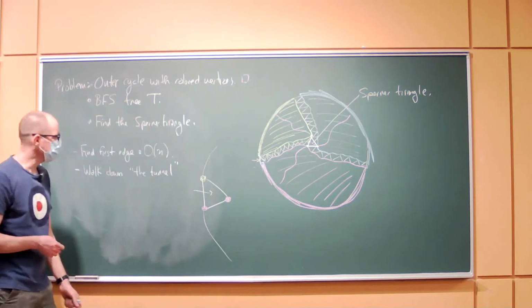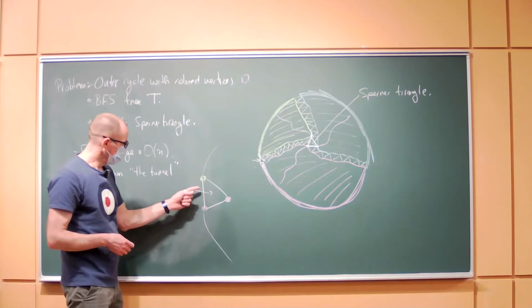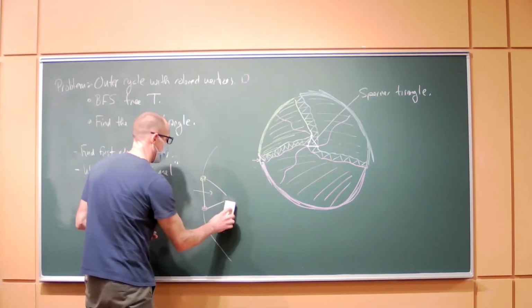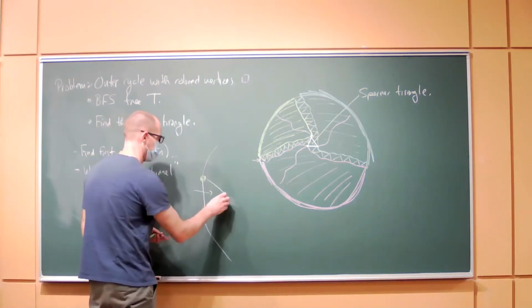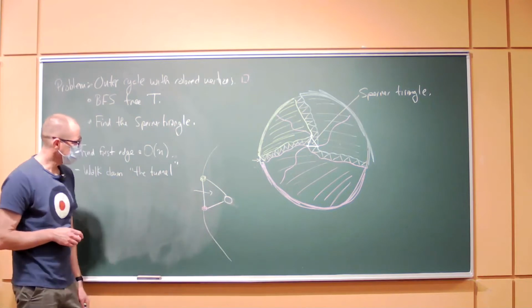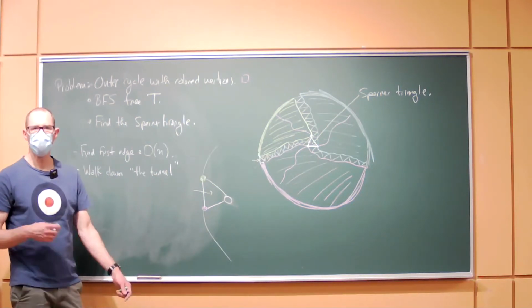Or if I'm lazier, then I can do it on the fly. So I look at the third vertex of this triangle. I don't know its color yet, so it's uncolored, let's say.